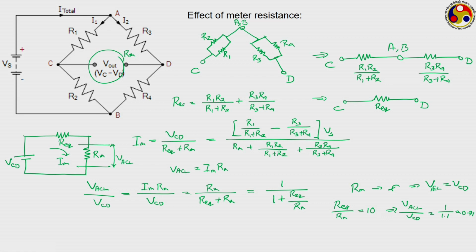The output your voltmeter shows will be only 91% of the true output. Therefore, we always have to go for a value of Rm which is sufficiently high. Particularly if we have some idea about the equivalent resistance of this Wheatstone bridge, then we have to choose the voltmeter such that Rm is significantly high to get a proper reading.